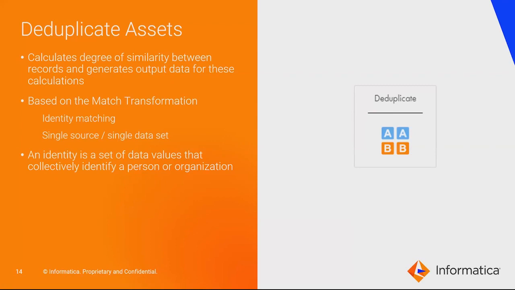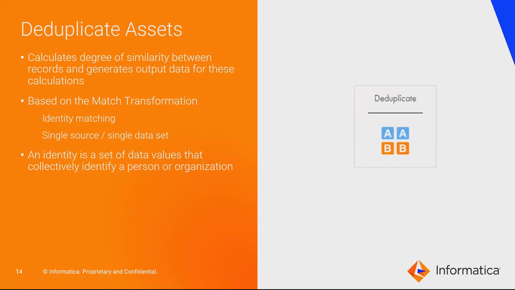It does the matching based on identity matching on single source data sets. And here, identity is just a set of data values that collectively basically identifies a person or organization.